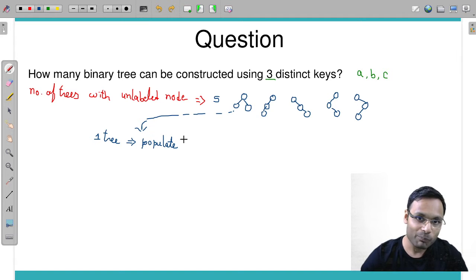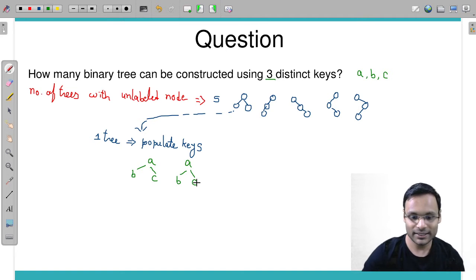So how can I populate these keys? Let's try. If I keep A as root, on the left side I can keep B and on the right side C. Or in fact I can reverse it also, left side C, right side B.